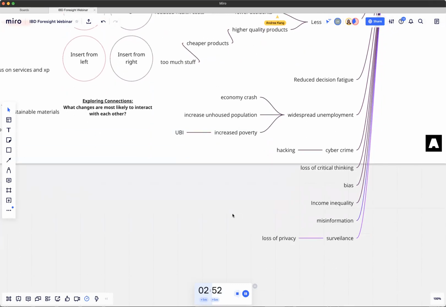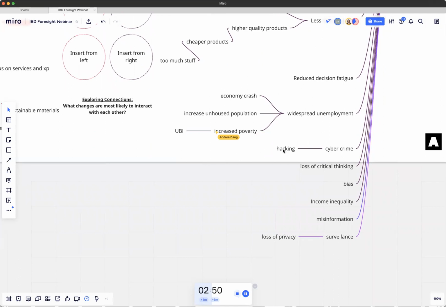Cool. How about hacking? What's going on when we have hacking and cybercrime? We have, yeah, lower trust, information on ransom, ransomware, more surveillance.